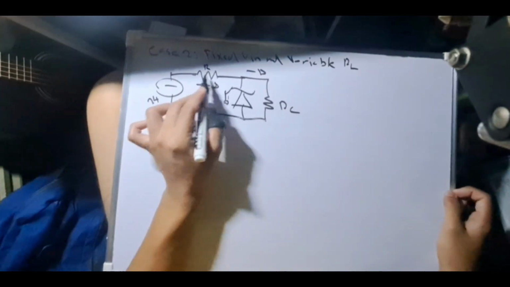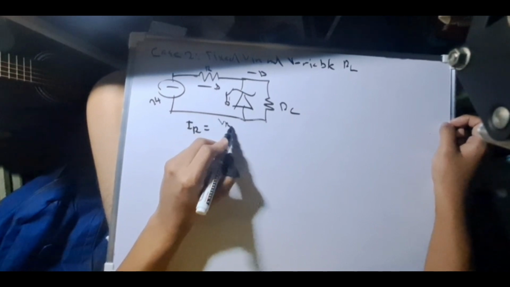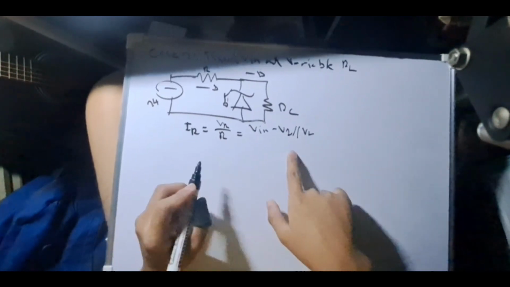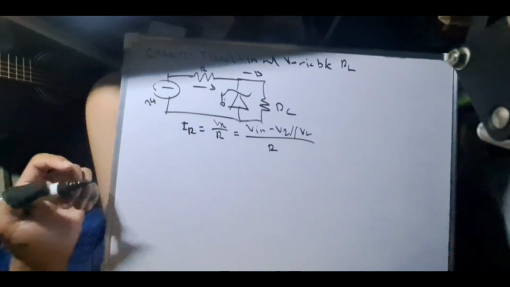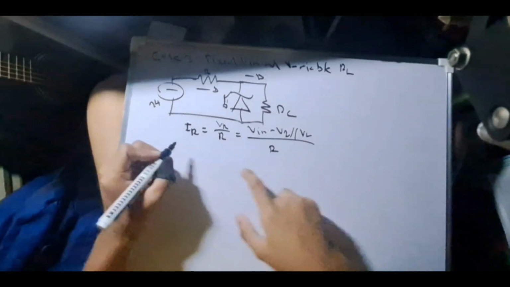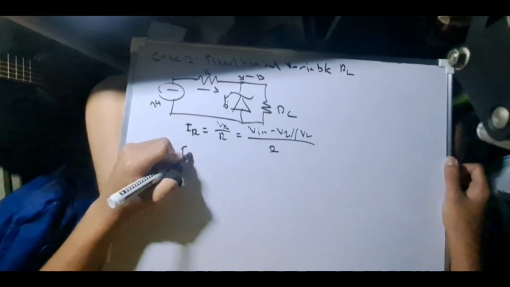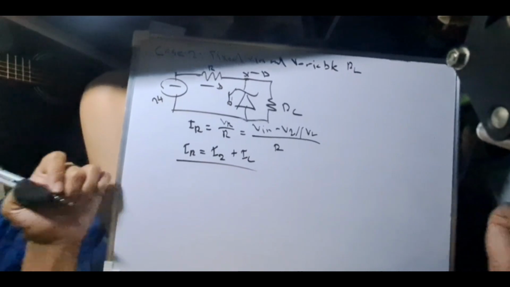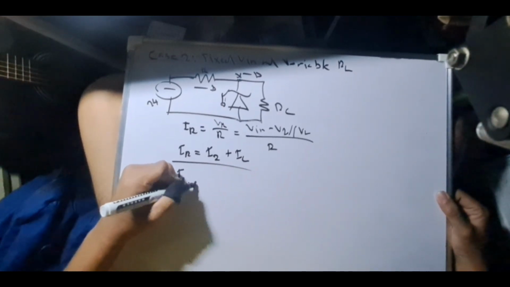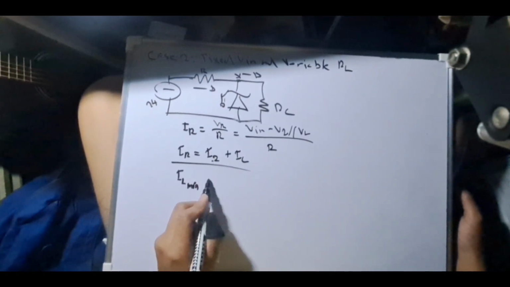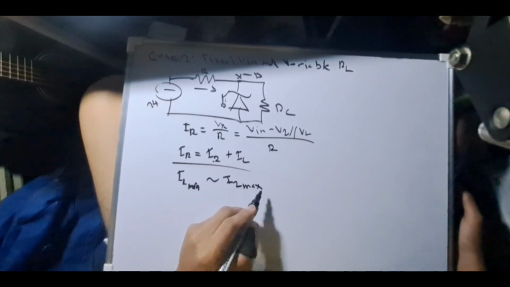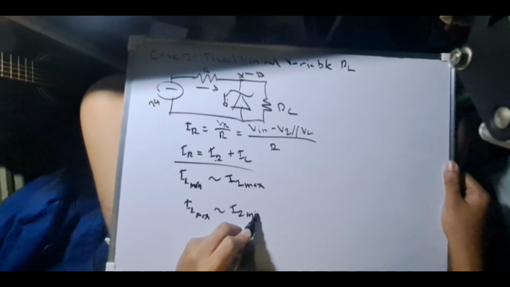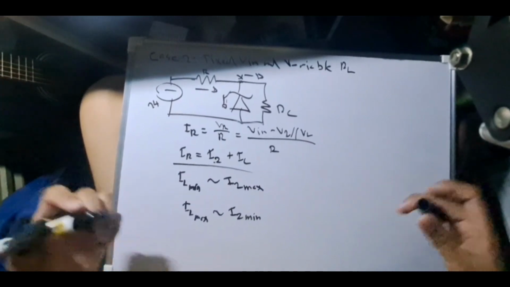It does not change, since it is still in this part. IR is obtained as VR over R, or Vin minus VZ over R, which is equal to VL, so they are the same. This part is confusing. When solving KCL, we know that IR is equal to IZ plus IL. When solving for IL minimum, we use IZ maximum. Inversely, for IL maximum, we use IZ minimum. But IR does not change all throughout. It is the constant here.